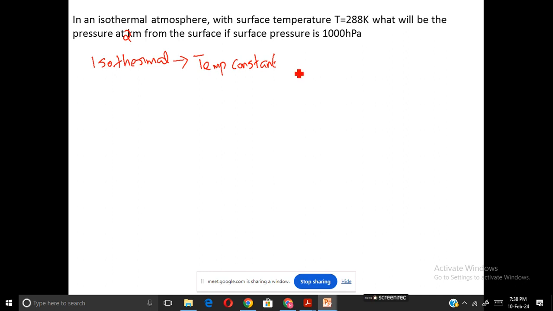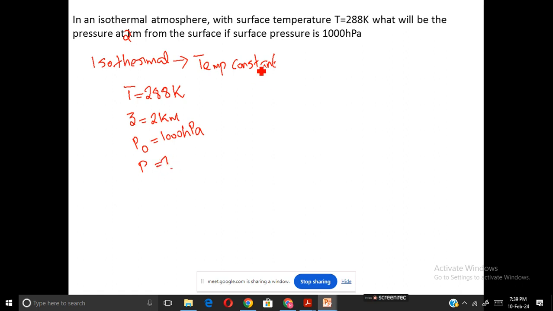It is just an assumption, not the real case, but we are assuming the whole atmosphere has a single temperature of 288 Kelvin. We want to calculate the pressure at 2 kilometer, and what is given is P0, which is 1000 hectopascal. So we want to calculate P.